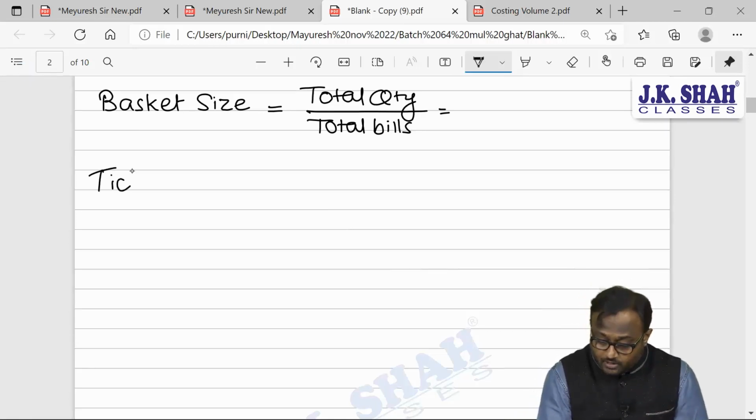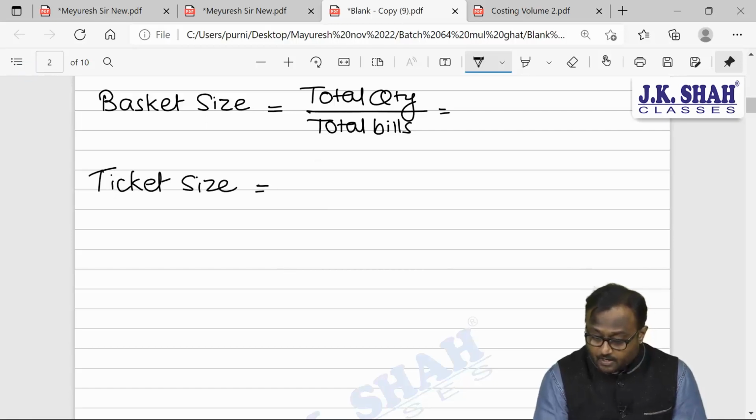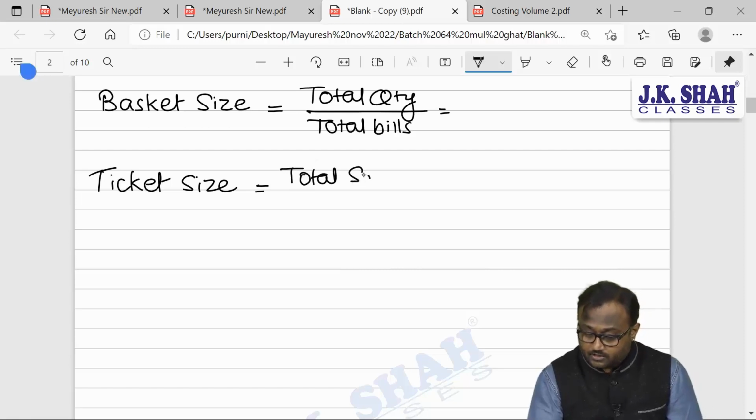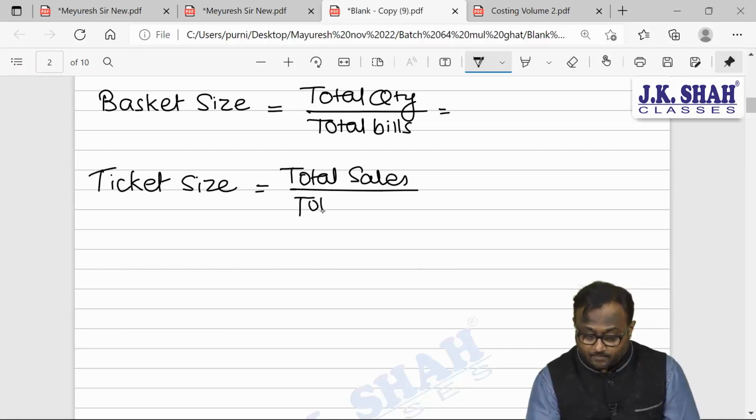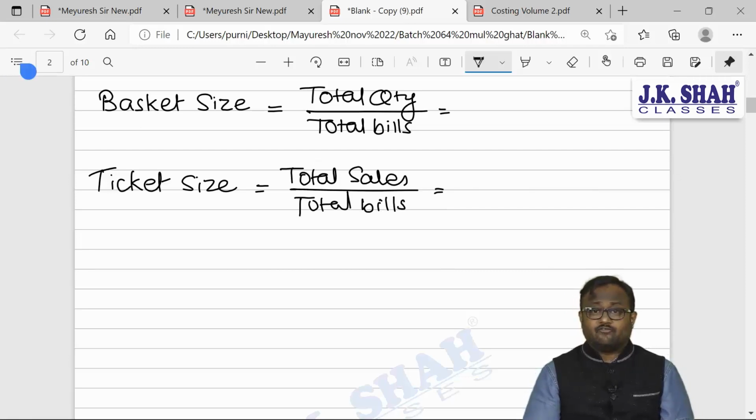One more important thing you can consider here is ticket size. Ticket size is nothing but your total sales, bill amount basically, divided by your total bills. You might have purchased 50 items, but they must be all petty items. You must have purchased grocery. I have purchased gold.